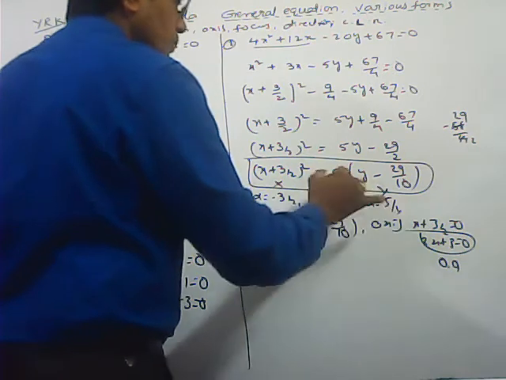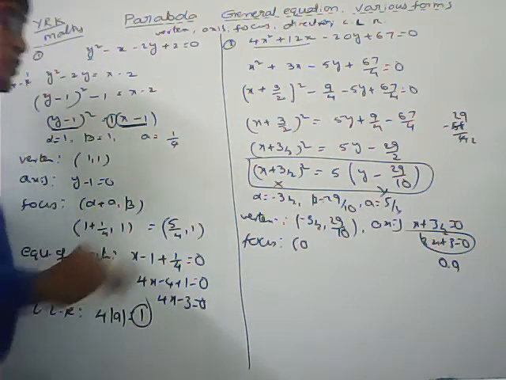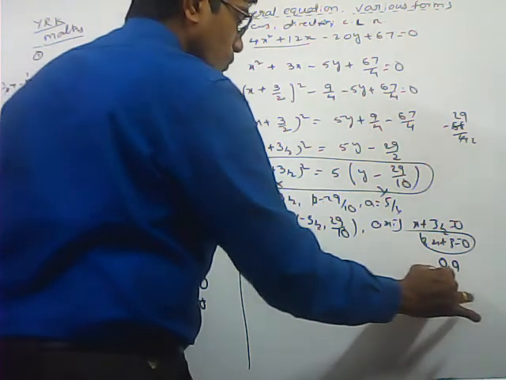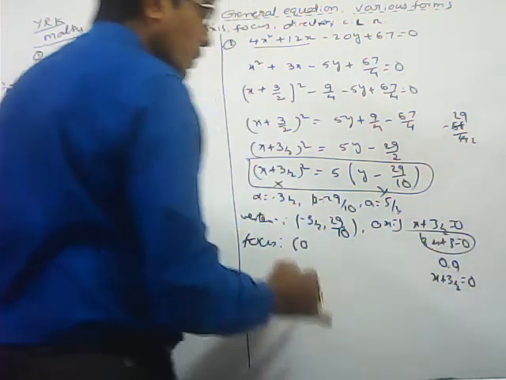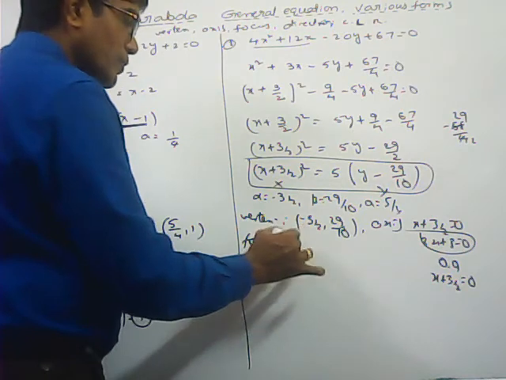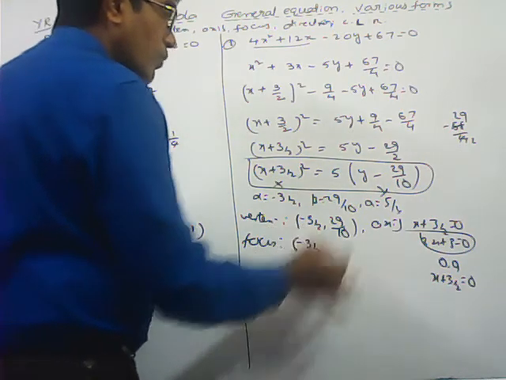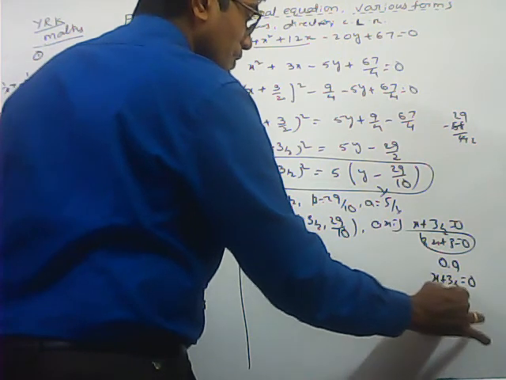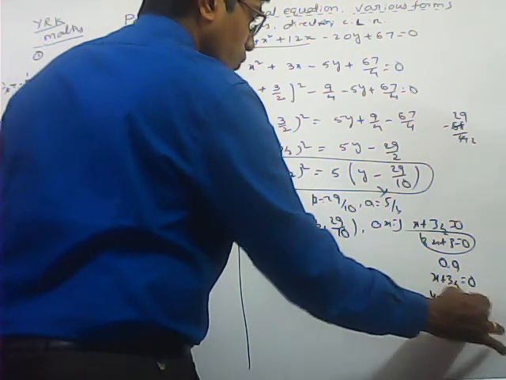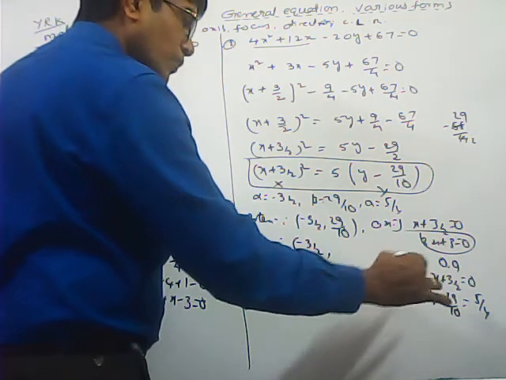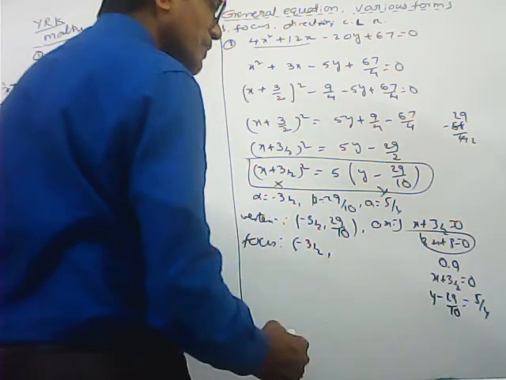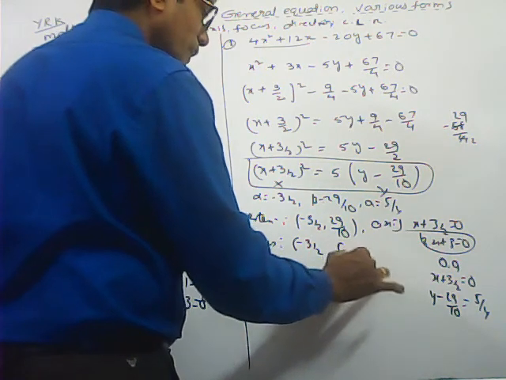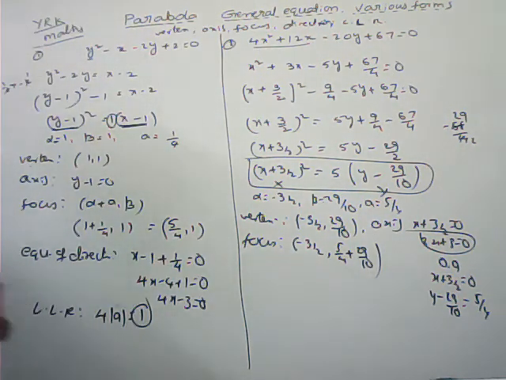It is 1/4 of the coefficient, so a = 5/4. For the x coordinate, x + 3/2 = 0, so x equals −3/2. For the y coordinate, y − 29/10 equals a, which is 5/4, so y = 5/4 + 29/10. That is the focus.